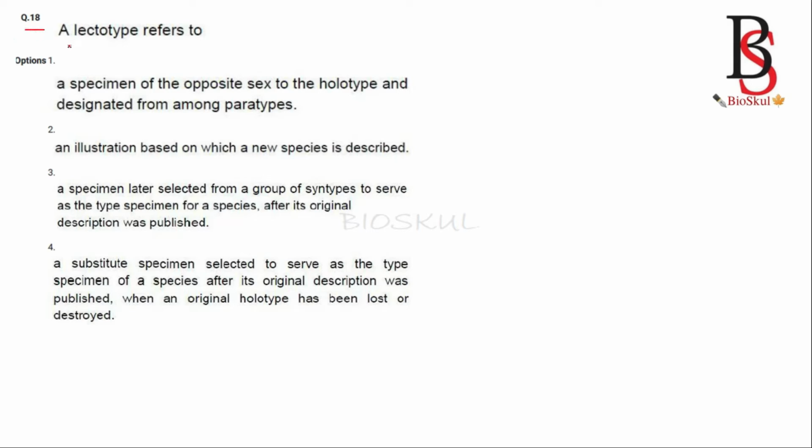Next is question number 18. A lectotype refers to which option? Option 1: a specimen of the opposite sex to the holotype and designated from among paratypes. It is not lectotype. It is known as the allotype.